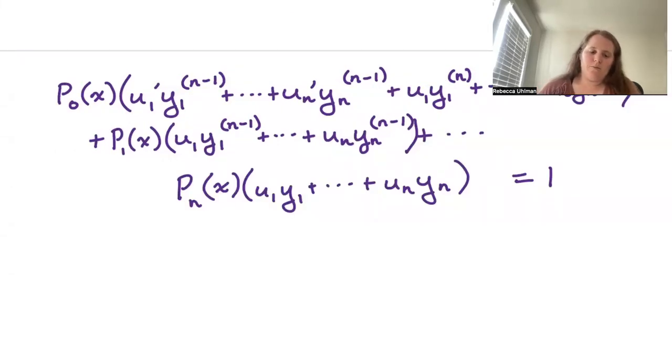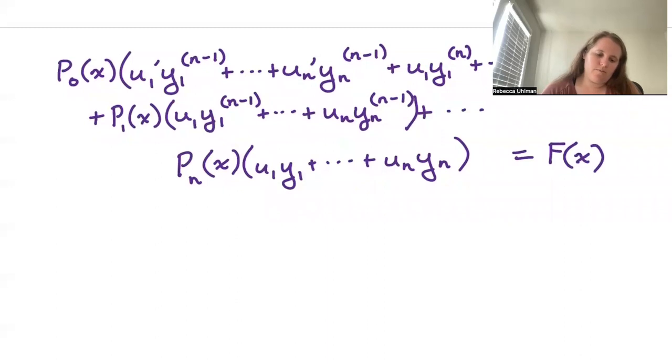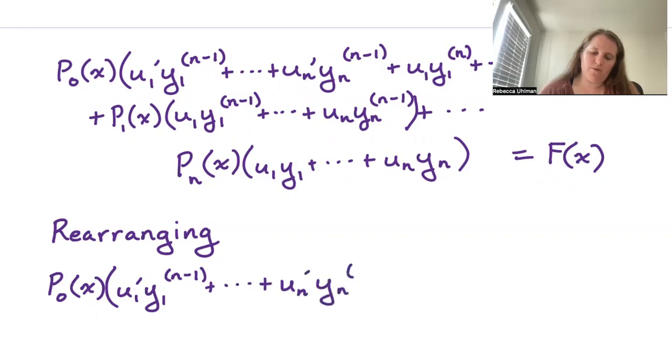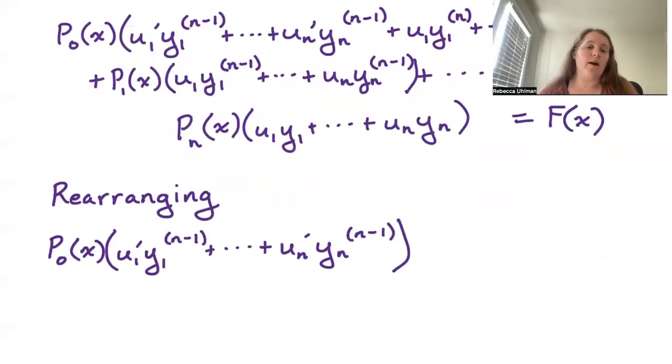All right, so we had our pn of x times u1 y1 plus all the way up to un yn, and this should all be equal to f of x. So if I rearrange this, we have p0 of x times u1 prime times the n minus first derivative of y1 plus all the way through un prime times the n minus first derivative of yn. That's the only component that has ui primes.